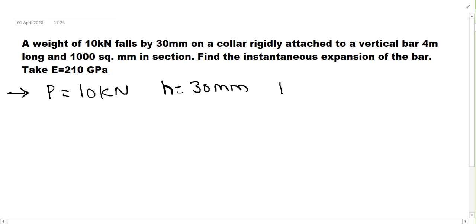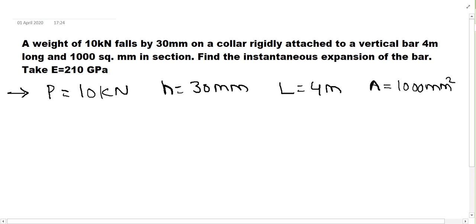So the length of that vertical bar is 4 meter and 1000 square mm in section. That means the cross sectional area of that vertical bar is 1000 mm square. Find the instantaneous expansion of the bar.